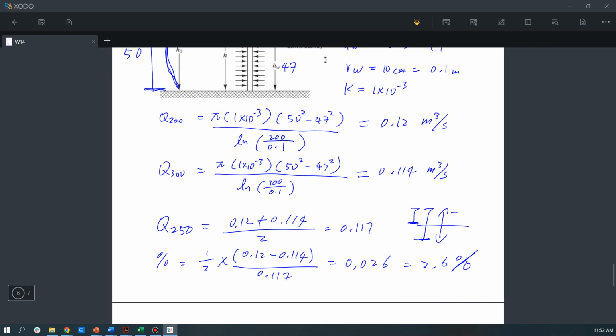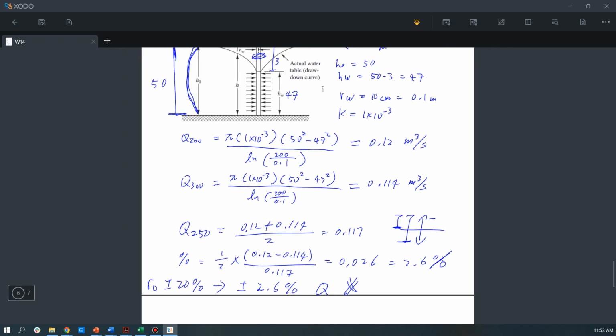So this actually tells us that a 20% change will result in plus and minus 2.6% change in the Q. This is unknown. Okay.